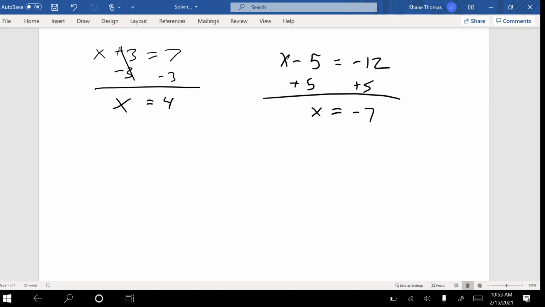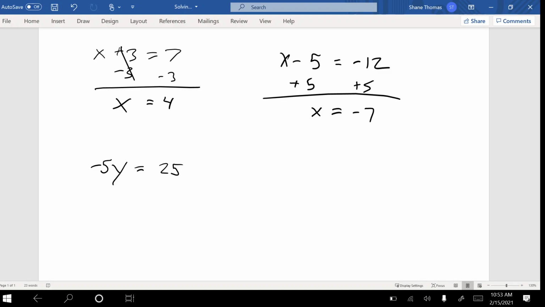Okay. Get a little silly now. Get multiplication. Getting crazy, isn't it? All right. And I'm really going to get crazy. I'm going to put a negative sign on here. So we go negative 5y equals 25. So right now I have multiplication, right?